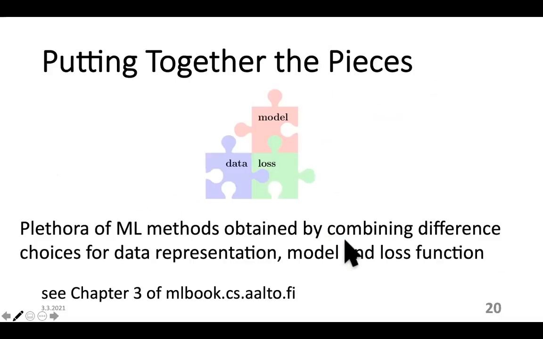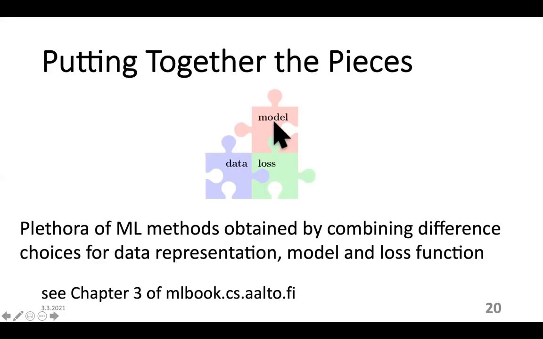Okay, now that we have the 3 components, how do we plug them together? As it turns out, all machine learning methods that you might know are just combinations of specific choices for these 3 components. Linear regression is one example. Deep learning is another example. They are all based on combining these 3 components, but they differ in which model they use.